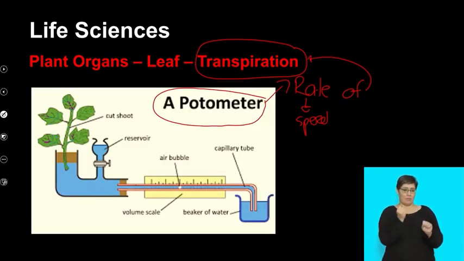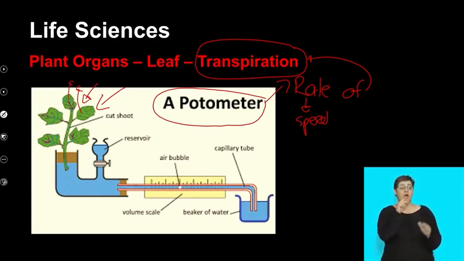So it's an experiment that I can set up. This is a very important one. Guys, transpiration is an important question. It's in nearly any one of your past papers, even this exact diagram. So, say for example, I put a fan on here, which is wind, and I'm expecting the leaves to lose water.